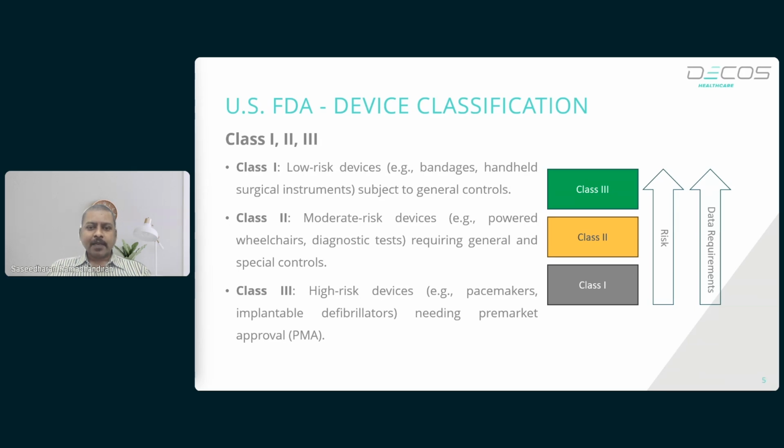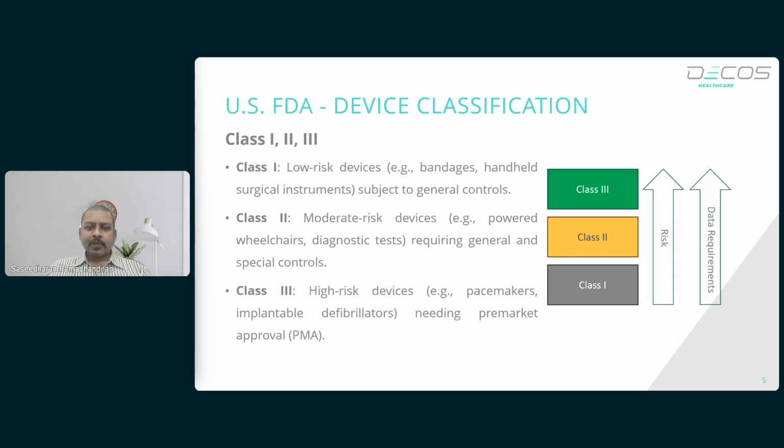Under the US FDA, medical devices are classified into three categories: Class 1, Class 2, and Class 3, as follows. Class 1 are low-risk devices. These devices pose minimal risk to patients and are subject to general controls such as labeling and post-market surveillance. Some examples include bandages and handheld surgical tools. Most Class 1 devices are exempt from pre-market notification requirements.